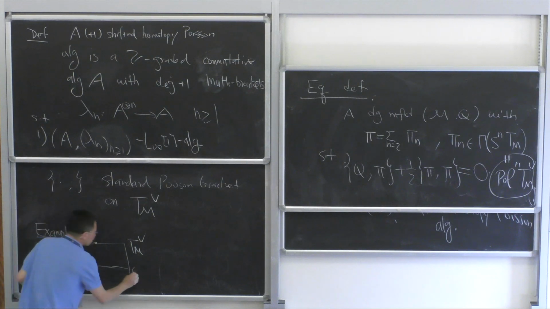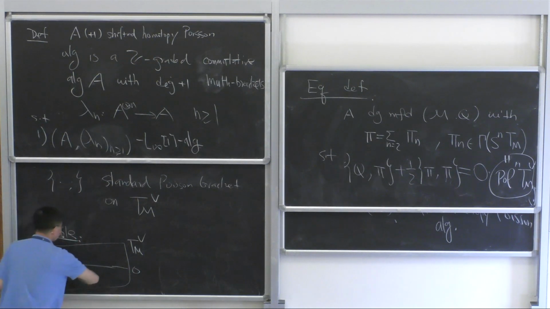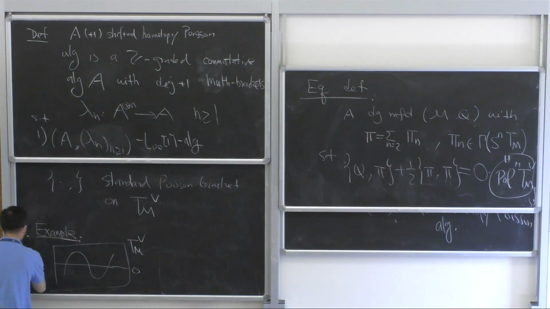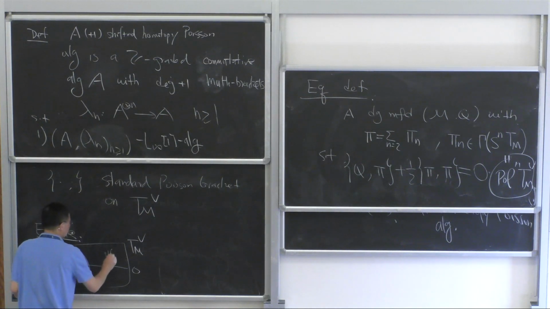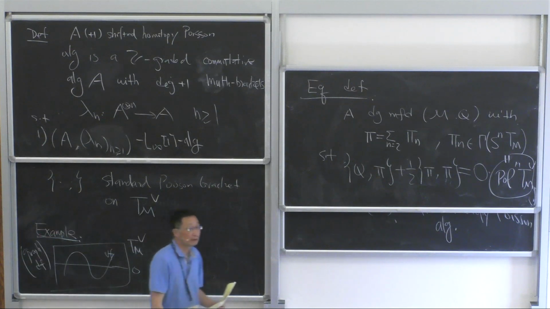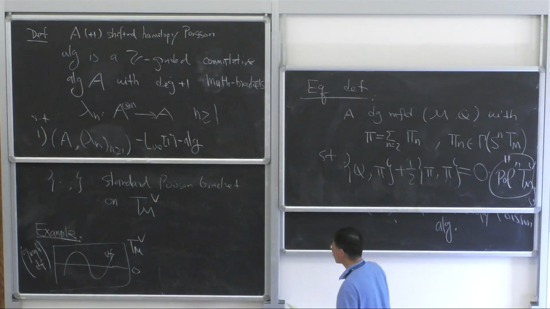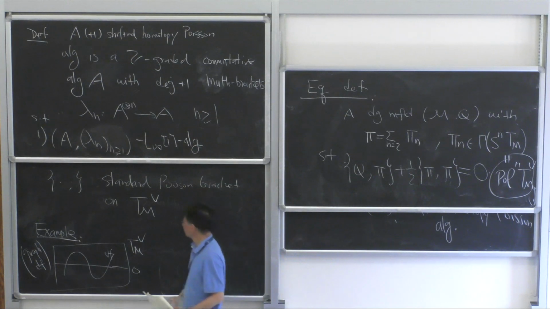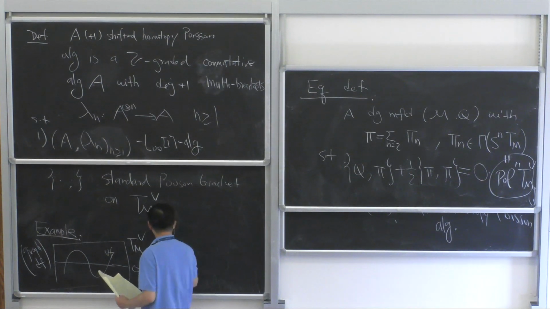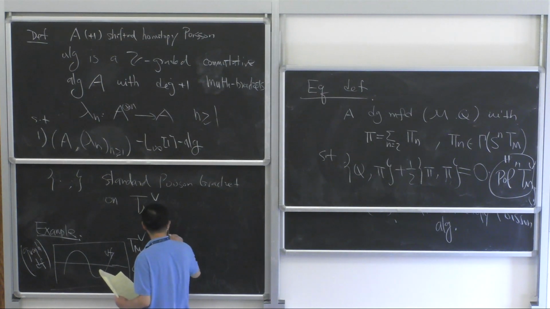One is the zero section, the other is just the graph of dF. So the intersection is a derived critical locus.